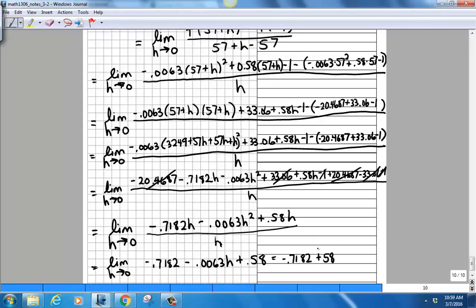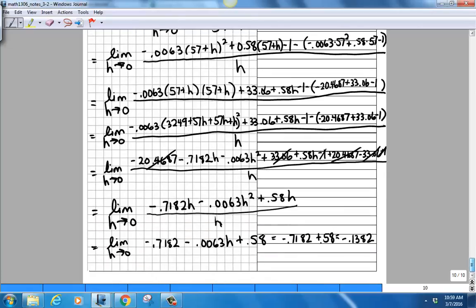I left off the point there. Isn't it 0.1382? Yeah, okay. It's 0.1382. There it is. All right. Remember what we were looking for? Forgotten already? That is the instantaneous rate of change at 57. There it is. Okay.